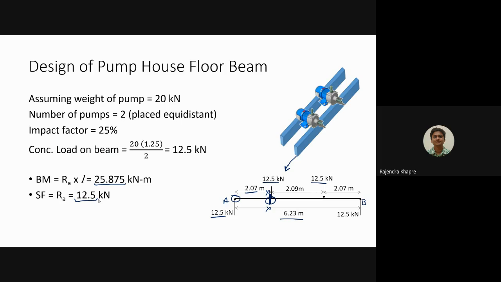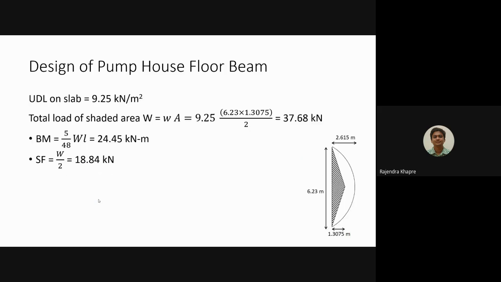A simple EM problem. Okay, so now we have now two bending moment values and two shear force values. One is with the self weight of the beam and the second one is due to the weight of the pumps. Now the third part comes, that is the weight of the slab. So on the right hand side picture you can see this is the exact slab.